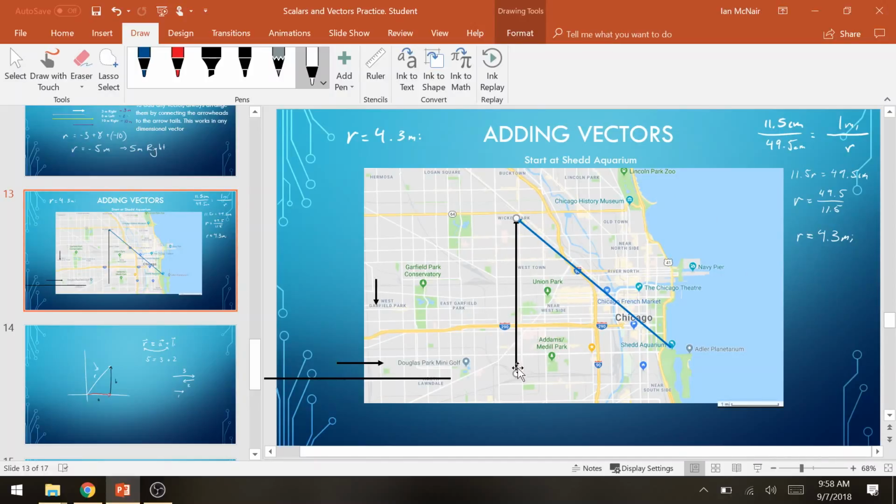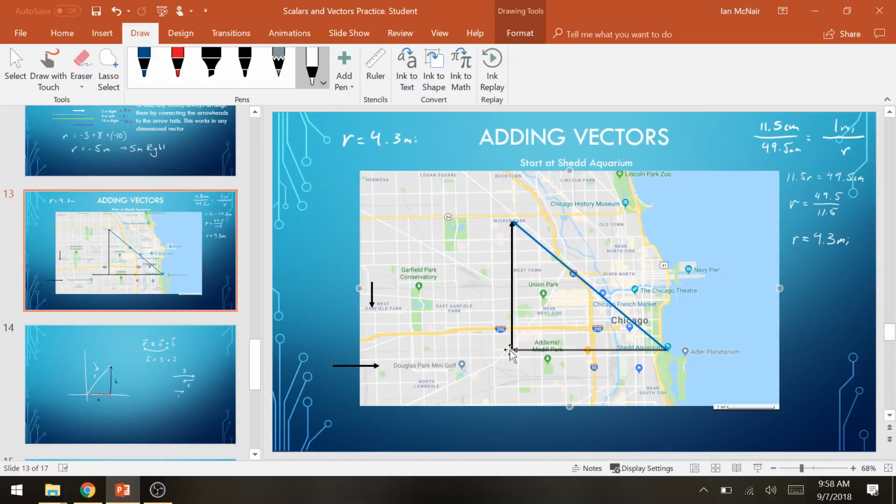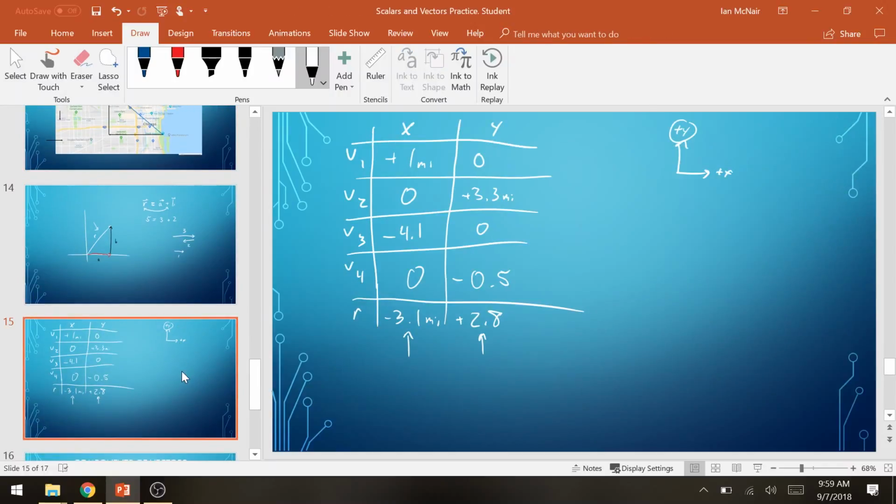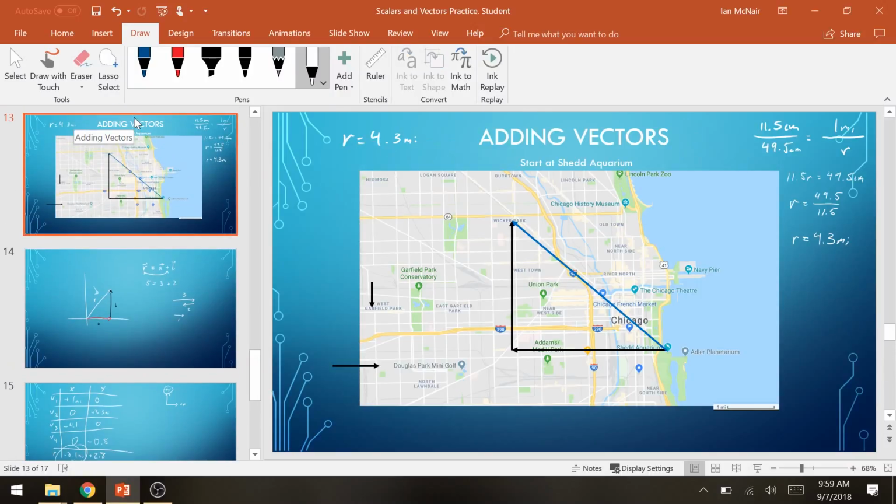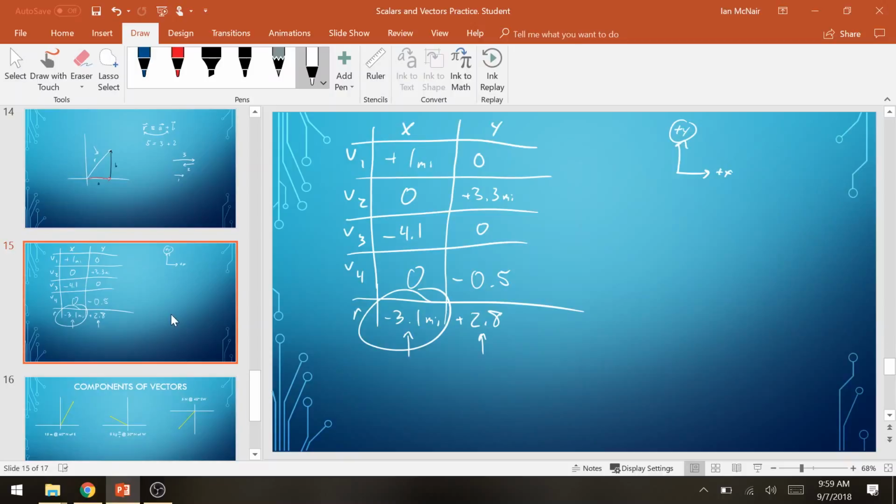So I'm going to adjust the size of this a little bit now. Let's go a spot right here maybe. So I can tell you with certainty, this horizontal one that I have selected right now is negative 3.1 miles long. And this vertical one right here is 2.8 miles long. So what we can do now is make a triangle.